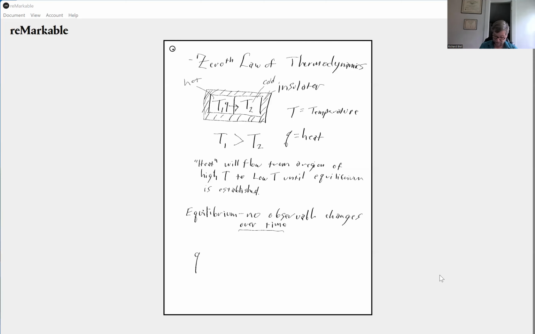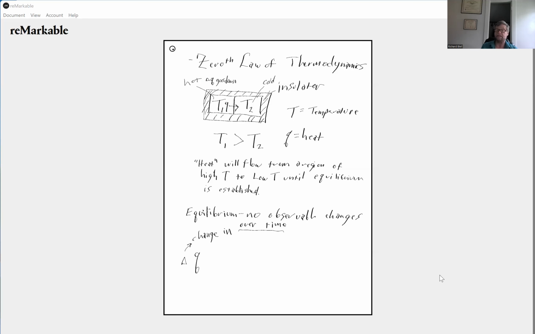The quantity of heat in a substance, and actually we don't talk about absolutes. We do not know the absolute quantity of heat. What we're actually talking about is the change in heat. As this temperature drops, the change in heat on this side will go down.